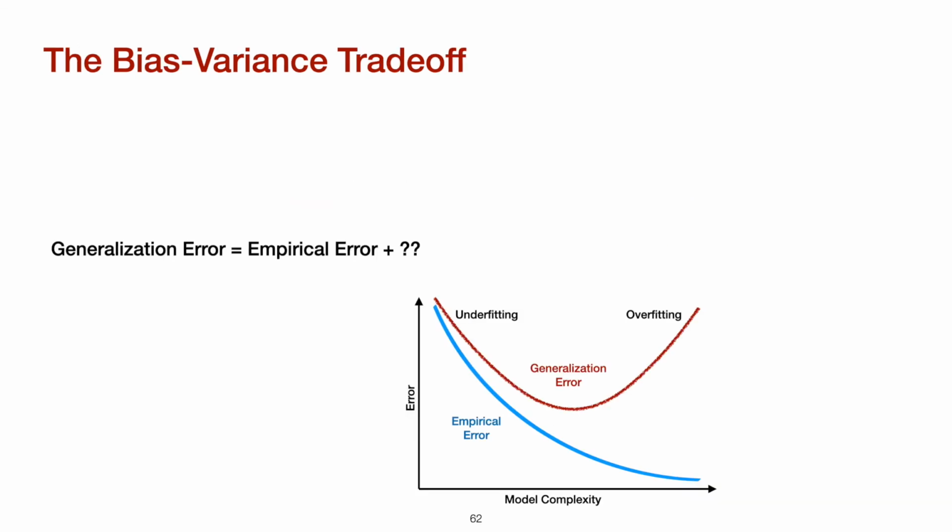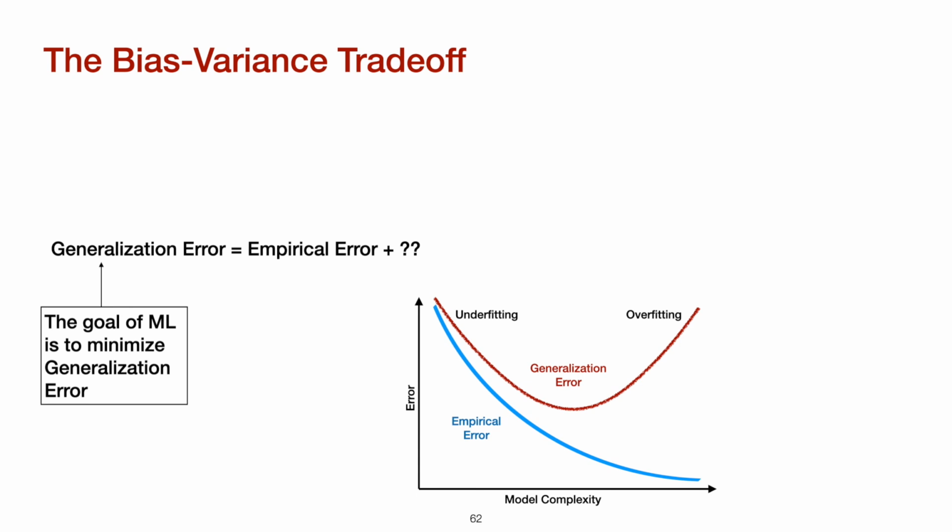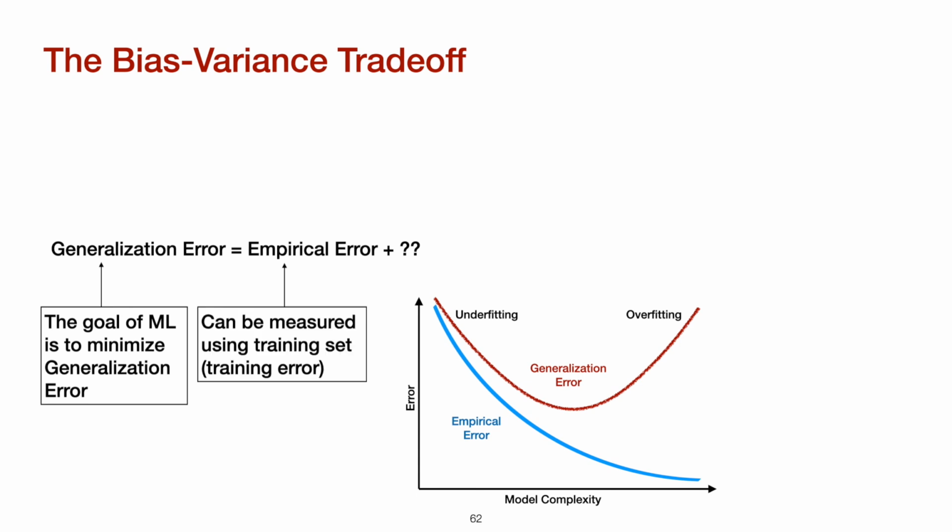So as I mentioned, the generalization error is this combination of terms. We have the empirical error. This is the thing that we can observe from our testing data, and we have some other sorts of error as well. So remember, from the perspective of machine learning, we care very much about minimizing generalization error. We can evaluate our empirical error by looking at how well our model is performing on our data, but it's much more difficult to evaluate how much error is associated with the overfit of our model.